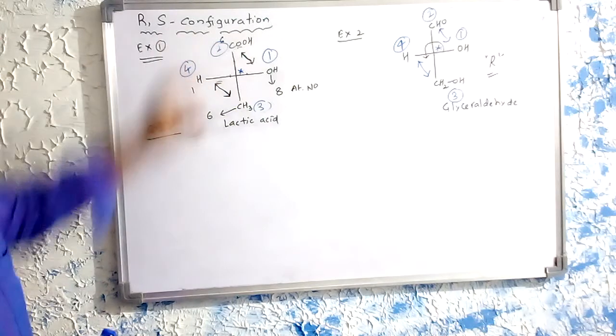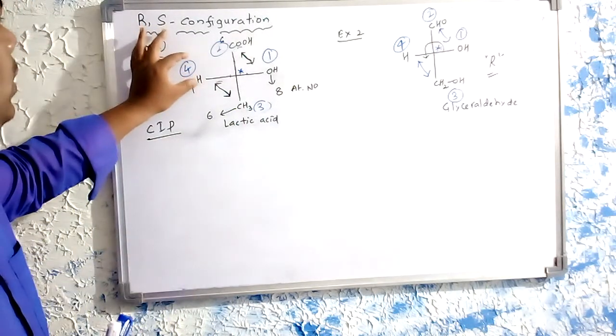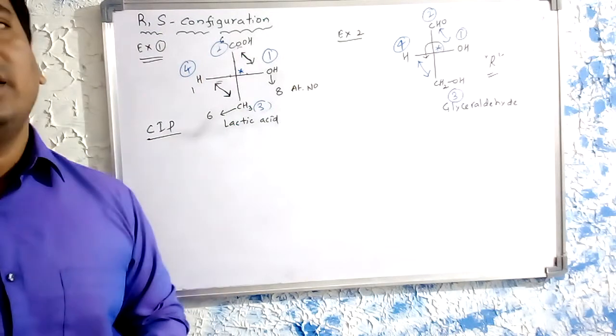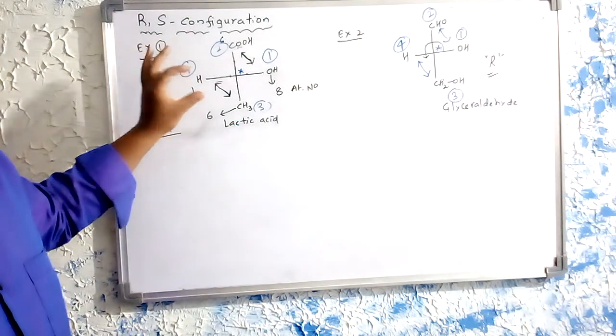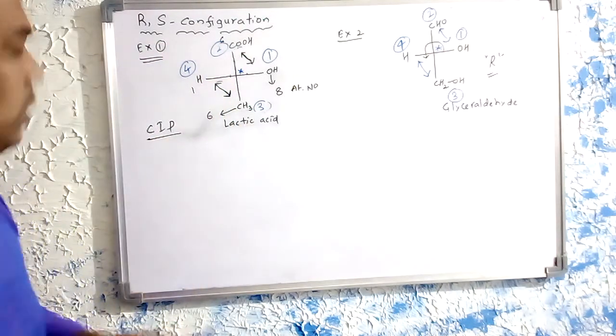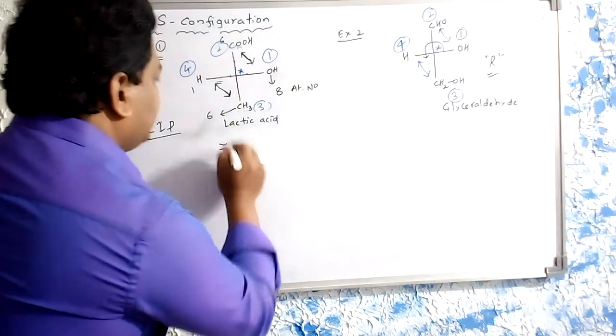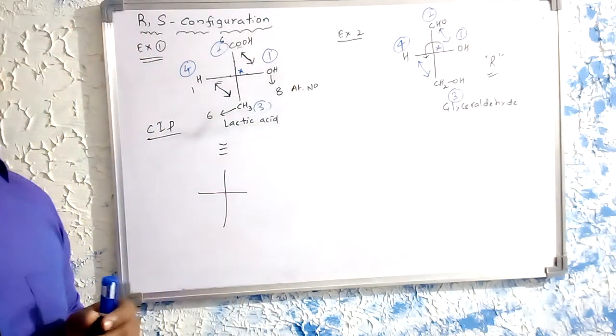Okay. So after giving the priorities, if the least priority group is present at horizontal, we will interchange these groups. If we interchange, the position of these substituents will change.